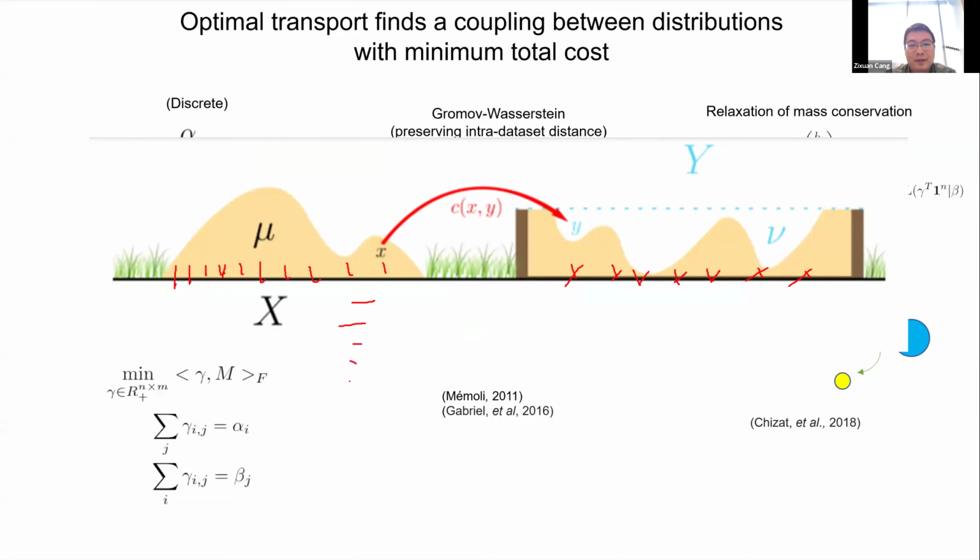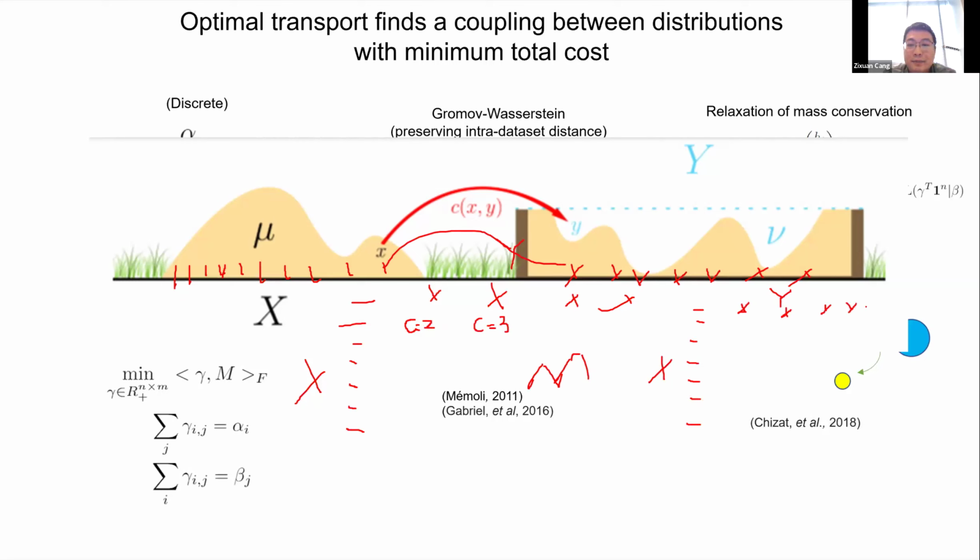We can think about this as locations in X and this as locations in Y. Between each two locations, we can assign a cost value, for example cost equal to 2, cost equal to 3 here, based on their spatial distance. And we use the M matrix to denote the cost matrix. What we want to find is the transport plan. It's a matrix of the same dimension as the transport cost, except the meaning of the elements in the matrix is different now.